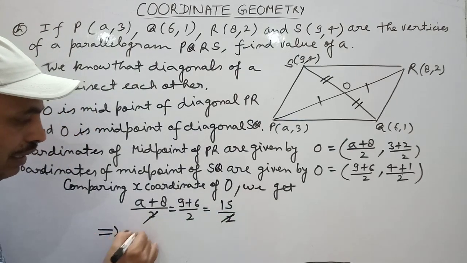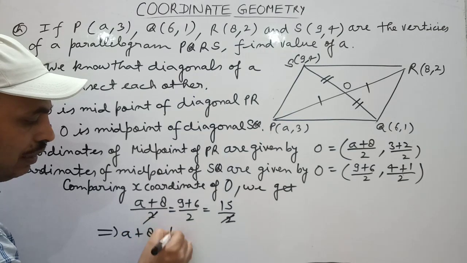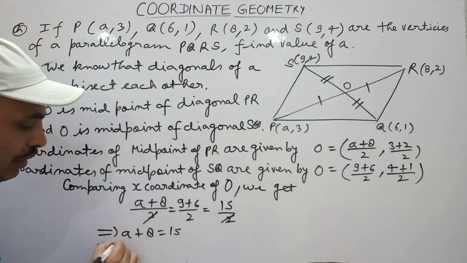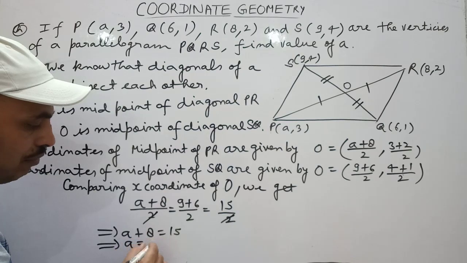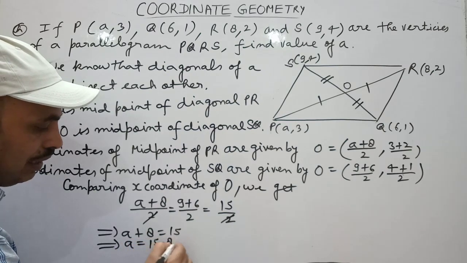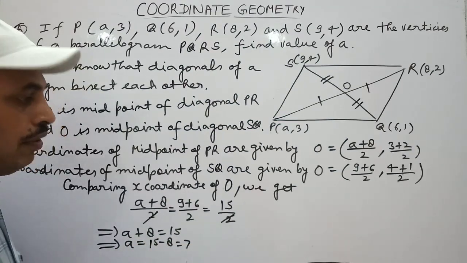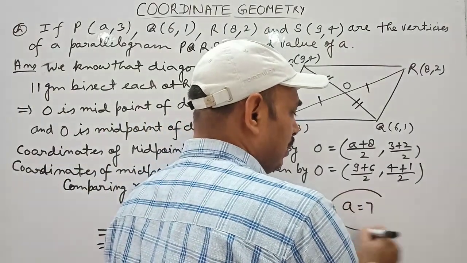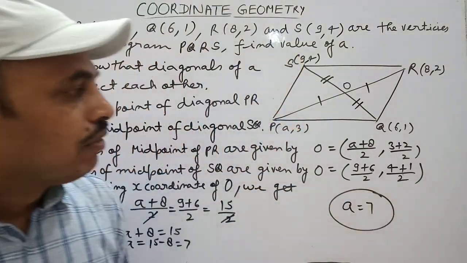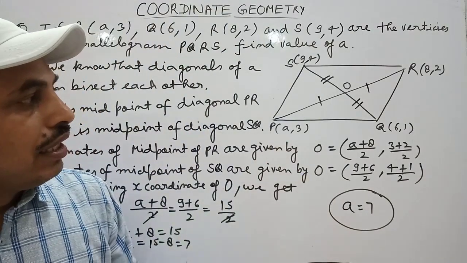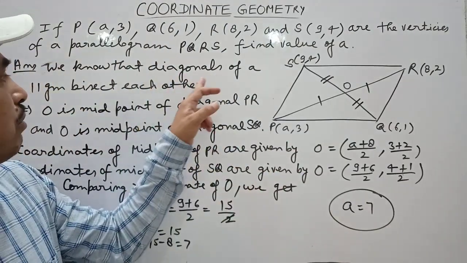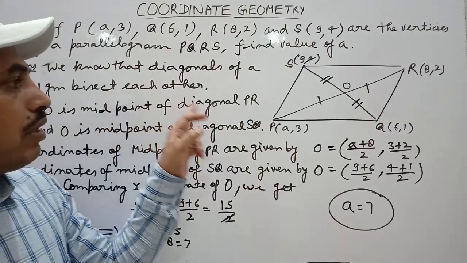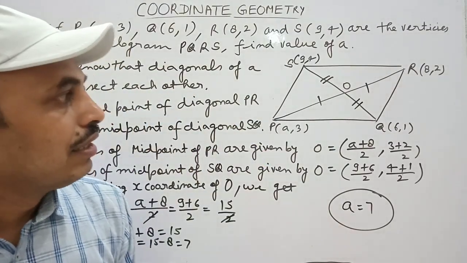This implies a plus 8 equal to 15. This implies a equal to 15 minus 8 equal to 7. So finally value of a is 7.